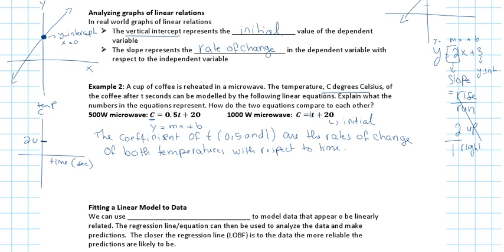So it's going to go up 0.5 degrees Celsius in 1 second for the 500-watt microwave, right? And it's going to go up by 1 degree Celsius in 1 second for the 1,000-watt microwave.